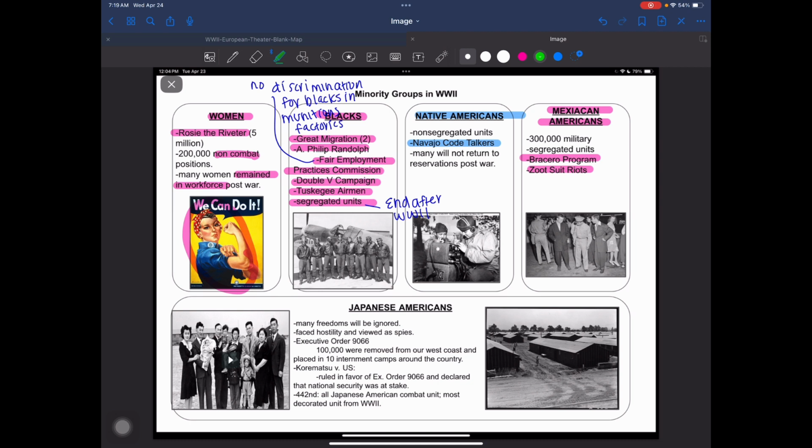They could have been an American citizen, born and raised here, but they are of Japanese descent. There is going to be some stereotyping there. And so what we're going to see is a lot of Japanese Americans are going to be mistreated. They're going to be called Japs, which was the derogatory term to call them.